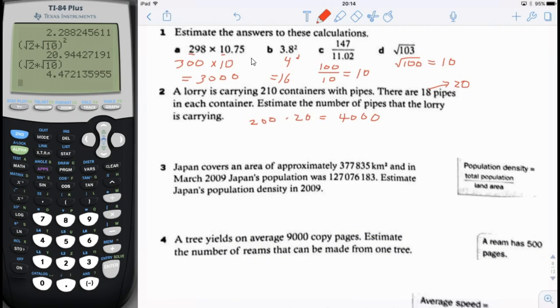Japan covers an area of 377,835 kilometers squared, and in March the population was 127 million. Estimate Japan's population density in 2009. So remember, population density is the population divided by the area. So 127 million, we're going to round to 100 million. It's closer to 100 million than 200 million. We're going to divide by 377,000 and so on, which is 400,000.